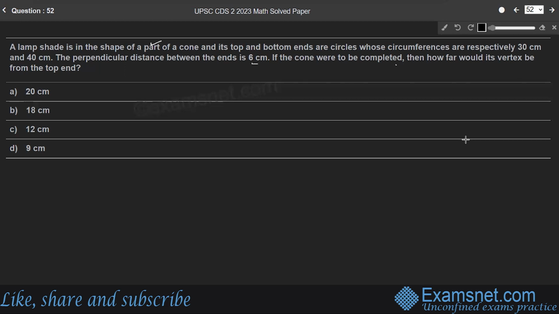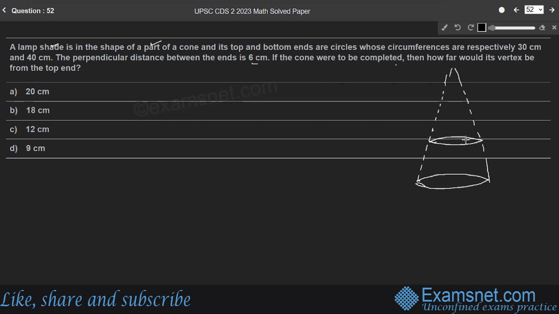So students, we'll consider a lamp shade, which is a part of a cone. Just imagine a cone like this. Here the lamp shade is part of a cone, so this is the lamp shade.